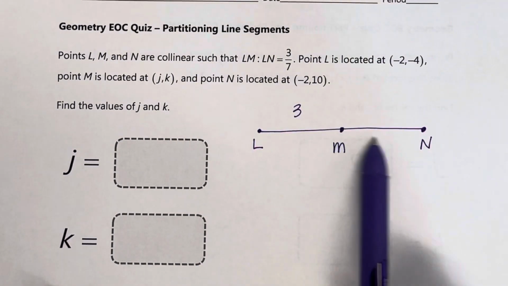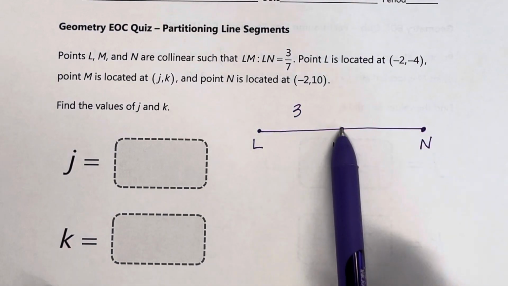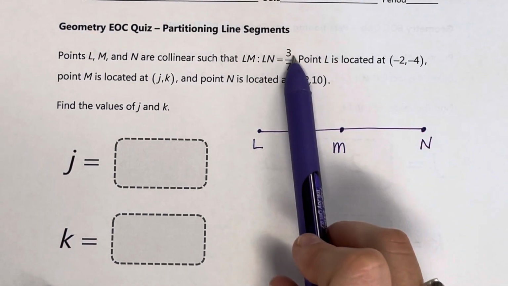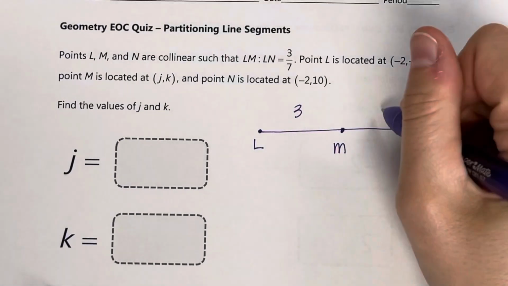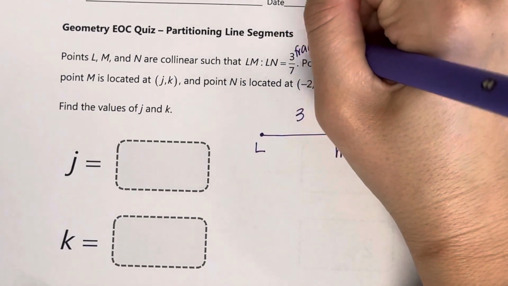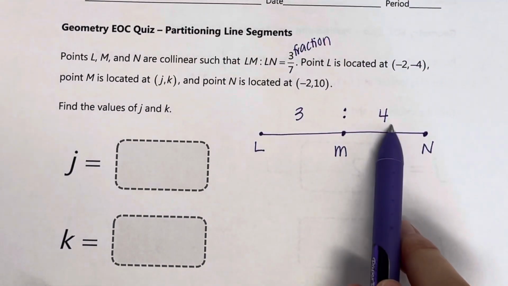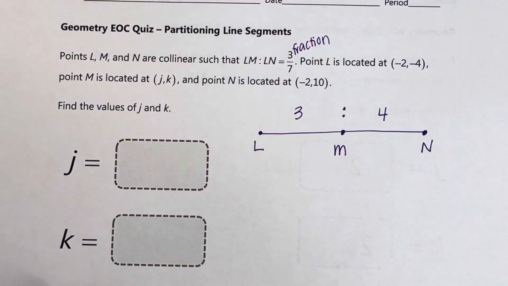The other part that's left over, so if there's 7 pieces in total, and I've already used 3 up, 7 minus 3 means that the last part is worth 4. So 3/7 is the fraction, but as a ratio, it's 3 to 4. We're talking about pieces, 3 pieces versus 4 pieces.